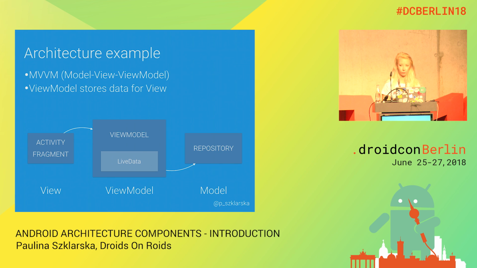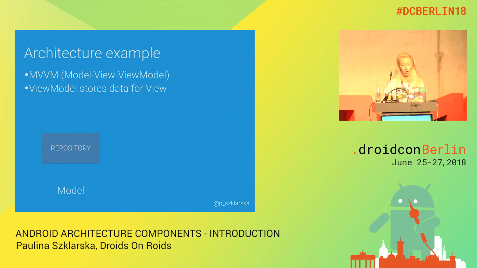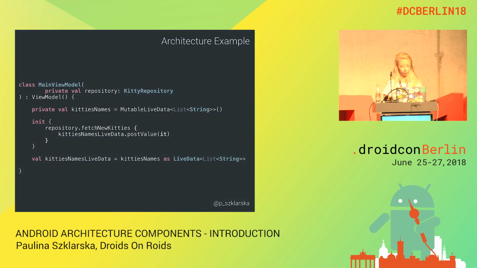View model is the view model as I showed previously. And model is some kind of repository. It can be, for example, a local repository, where we can use Room, or some remote repository like an API, where we can use Retrofit. It doesn't matter, it's just the abstraction layer over fetching data.